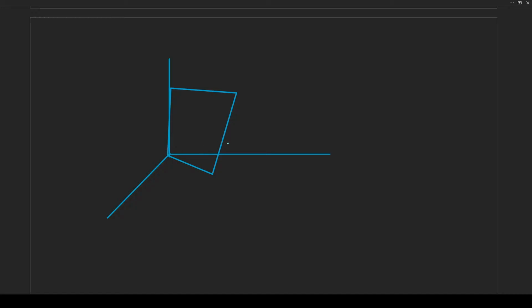This is a square. The current is going like this, and the angle is 30-degree here. This is x-axis and this is z-axis. This is y-axis. B, C, D, and A is the origin.